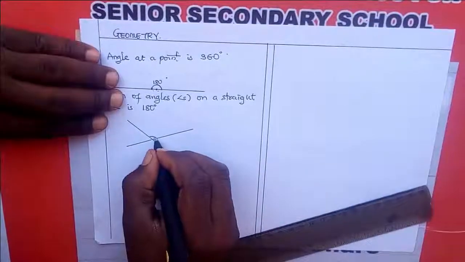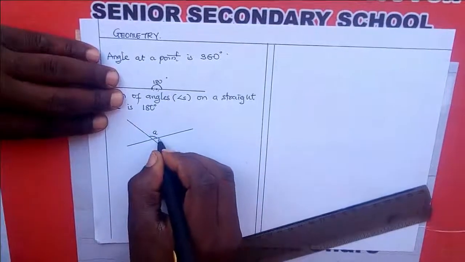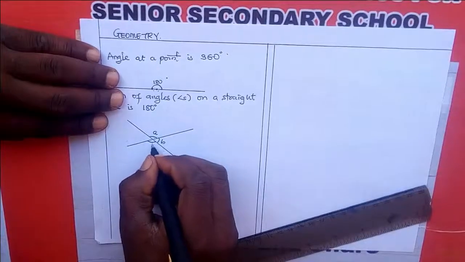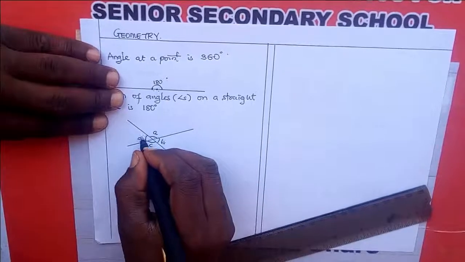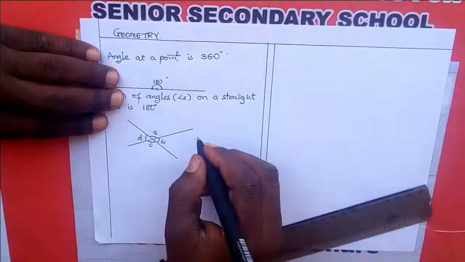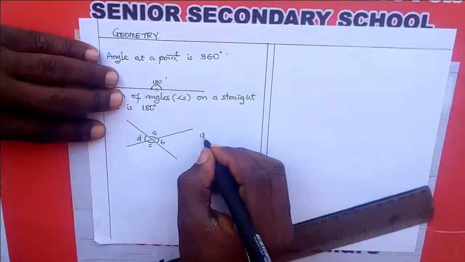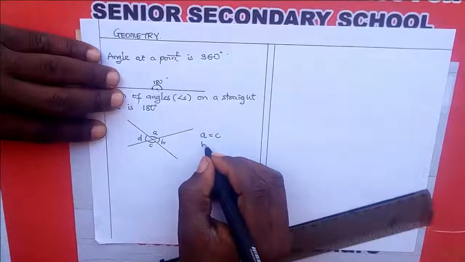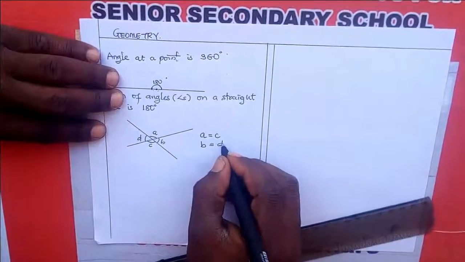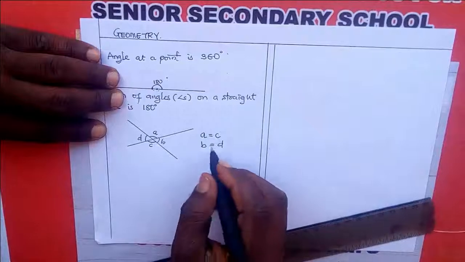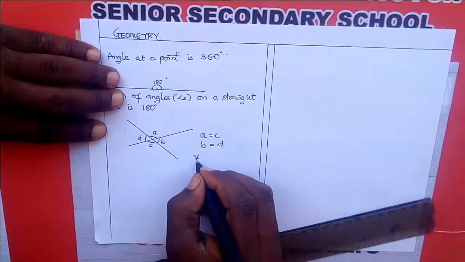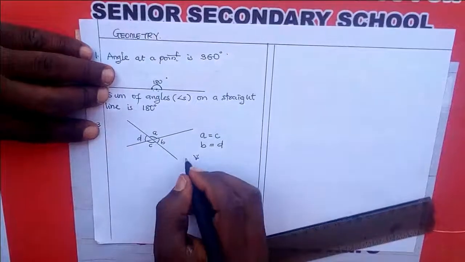This angle, let me label it A, this B, this C, and this D. Then I can say that my A is equal to C and my B is equal to D. And the theorem that supports this states that: vertical opposite angles are equal. That is the third theorem.